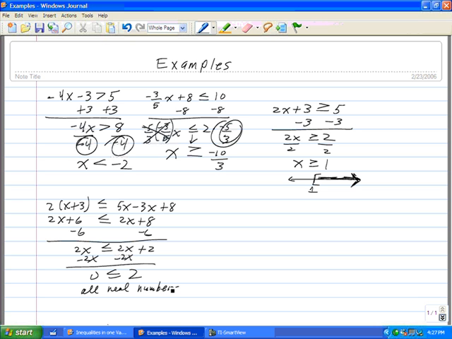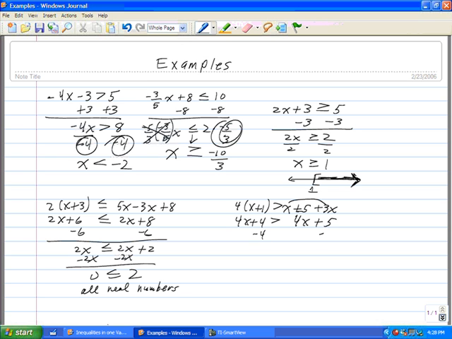All right, the other side of that coin, if I had something like 4 times x plus 1 being greater than x plus 5 plus 3x, I will get 4x plus 4 being greater than, when I combine these two, I've got 4x plus 5.